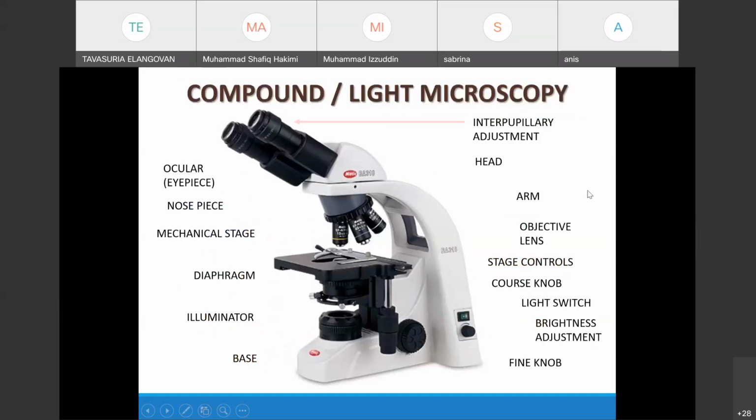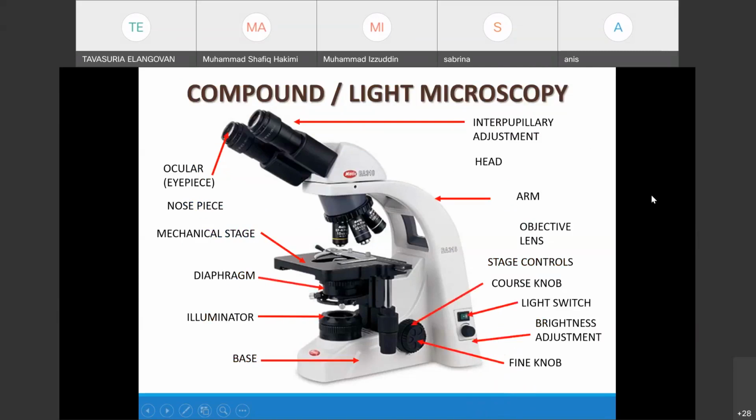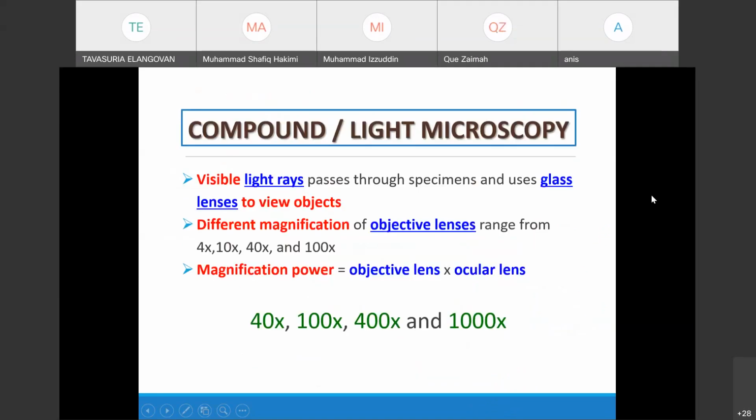Okay, next is microscopy. Okay, microscopy can be classified into 2 types: light microscope and electron microscope. Yes, madam. Okay.